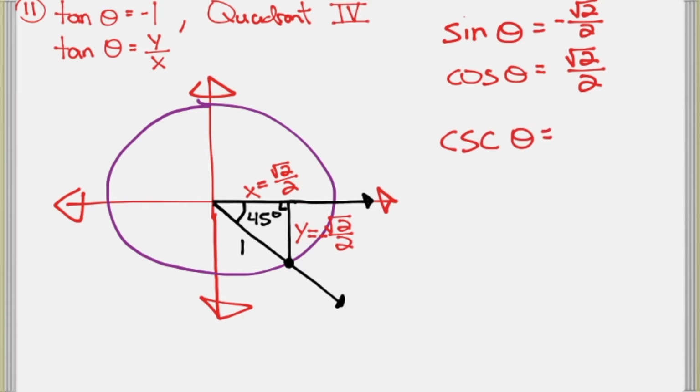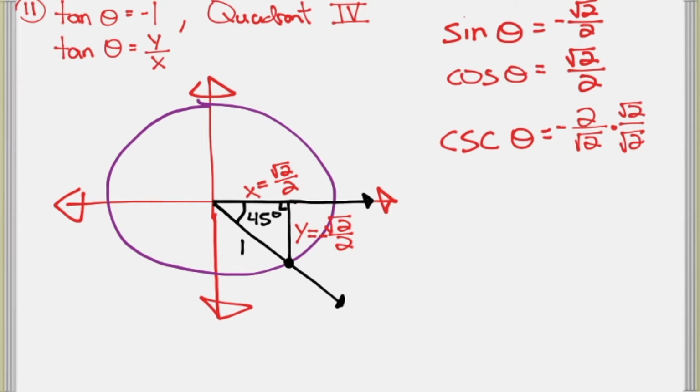By definition, we know cosecant is the reciprocal of sine. All right? So all I'm going to do is flip my sine value. So sine is negative radical 2 over 2, so it's going to be negative 2 over radical 2. But again, we don't want a radical in our denominator. So we want to rationalize our denominator by multiplying it by radical 2 over radical 2.